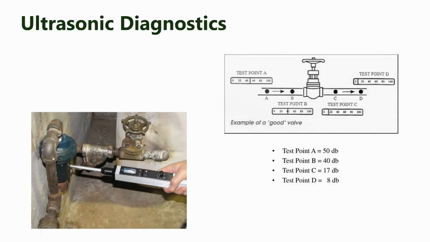Using an ultrasonic listening tool with a metal probe allows you to touch at various points around the valve, and you can easily narrow down where the sound is emanating from. Is it coming predominantly from the bottom of the valve, which likely indicates leakage past the valve seat? Or does it get louder as you move away from the valve, which likely indicates residual system noise telegraphing down the pipe, and probably not a leaky valve.